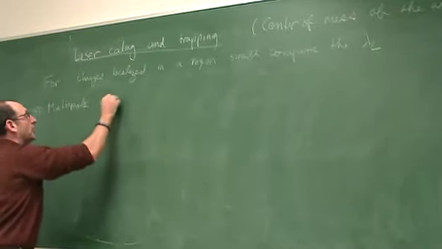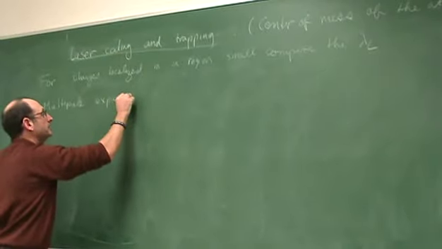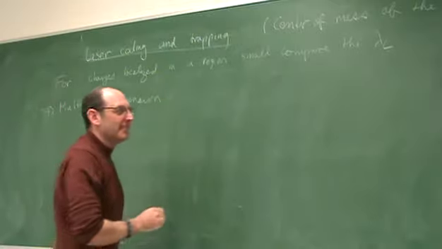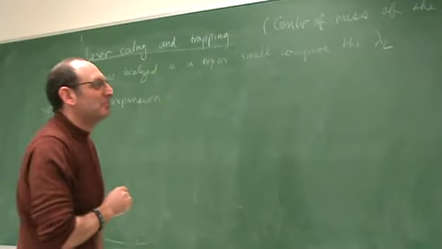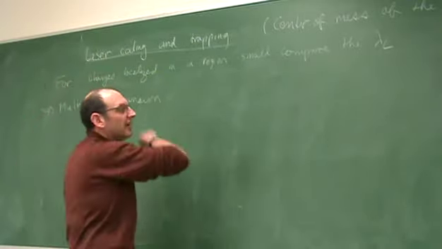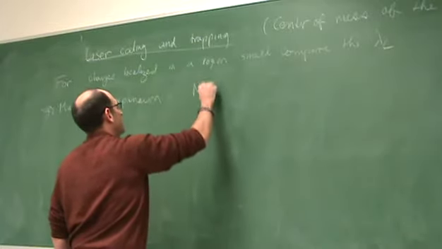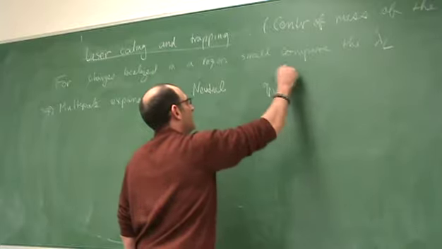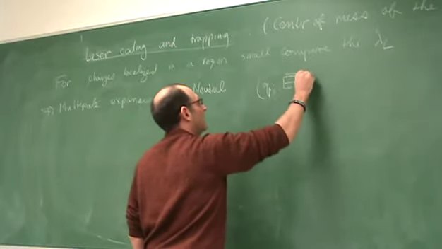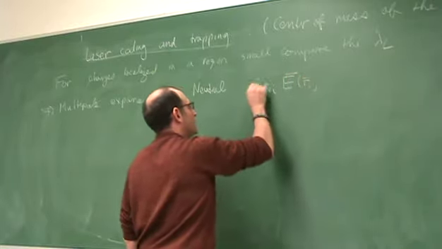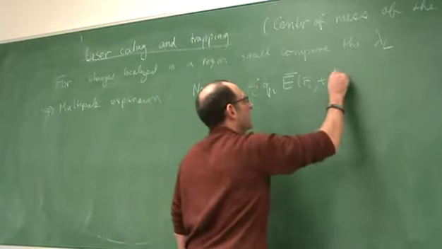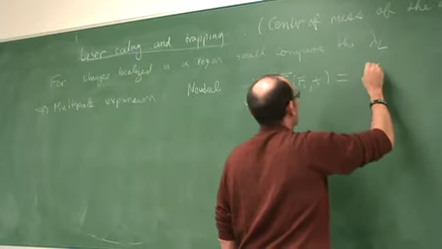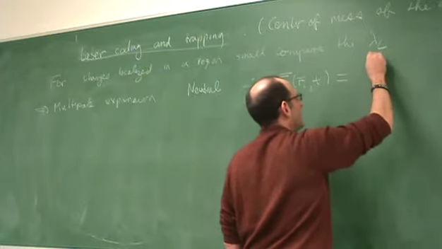And since we're talking about a neutral atom here, I hope we'll get to talk about ions before the semester ends. But for neutral atoms, there's no monopole moment, so the QE summed over the charges, the lowest order, is equal to this force, the force on a dipole.